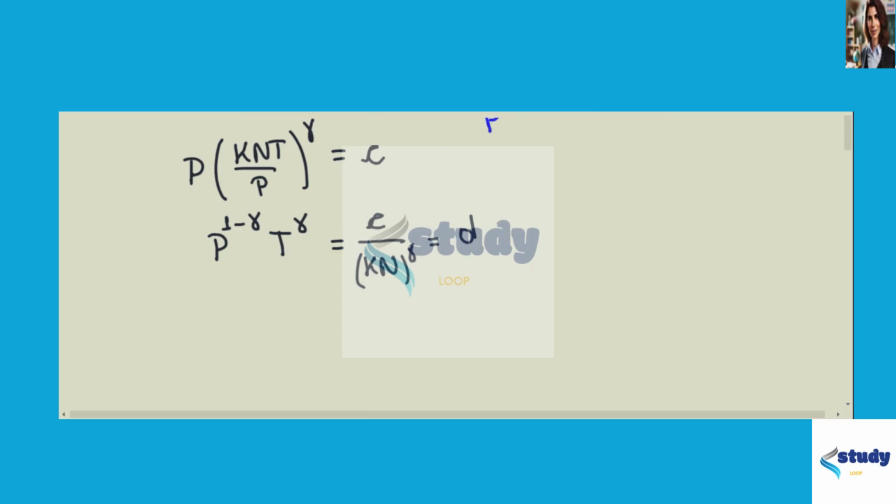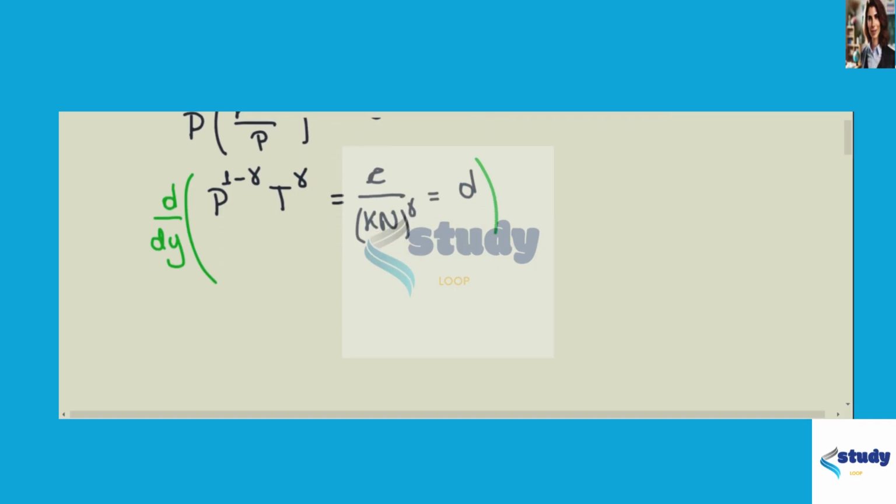And I'm going to differentiate on both sides with respect to y. Notice that the right-hand side is constant.